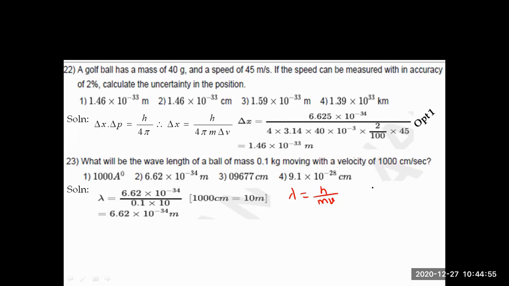So if anybody wants clarity on this, 1000 centi is nothing but 10 raised to minus 2 meter. So this 10 raised to minus 2 and these two zeros will cancel off, becomes 10 meter. So therefore 1000 centimeter is 10 meter. Denominator 0.1 into 10 becomes 1. So answer will be 6.62 into 10 raised to minus 30. Option 2.